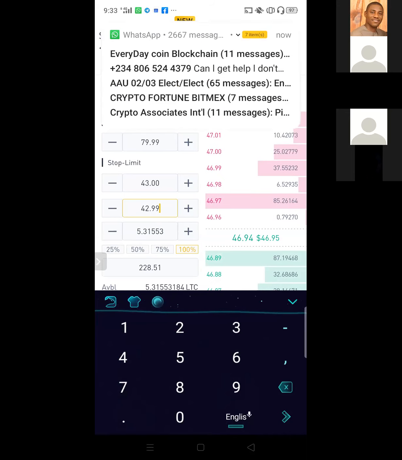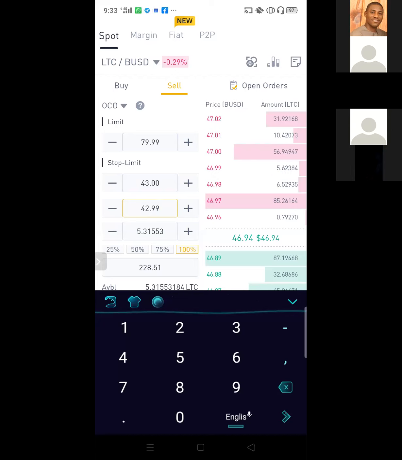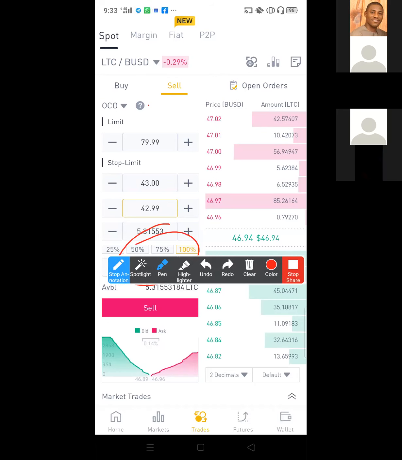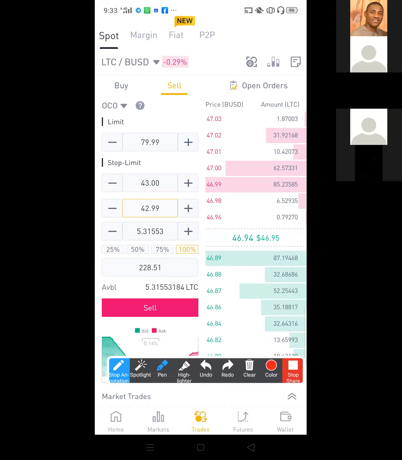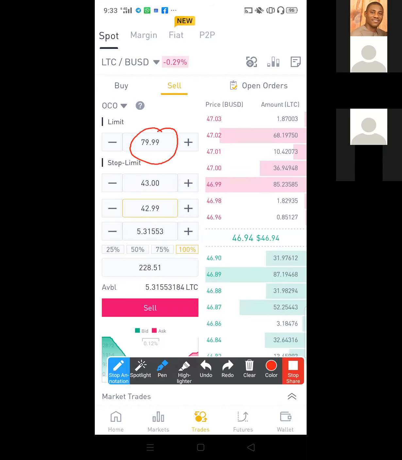I'm sure you're following what I'm writing on the screen. The first here is take profit. I'm using OCO. The next one here is, if the market goes down rather than going up, take me out at $43. After all, I came in at $30. When it gets to $43, take me out at 42.99. And how many of your coins do you want to take out at that point? Take out all my coins at 100%.